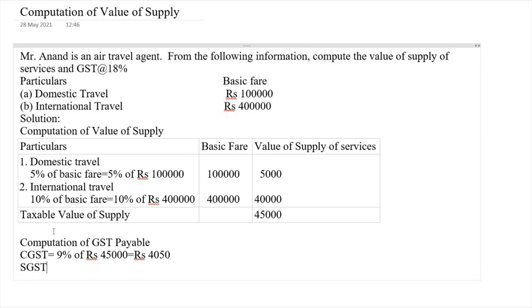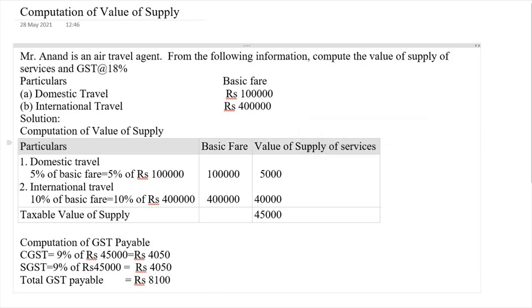Then SGST equals again 9% of rupees 45,000, which equals rupees 4,050. So total GST payable equals rupees 8,100.